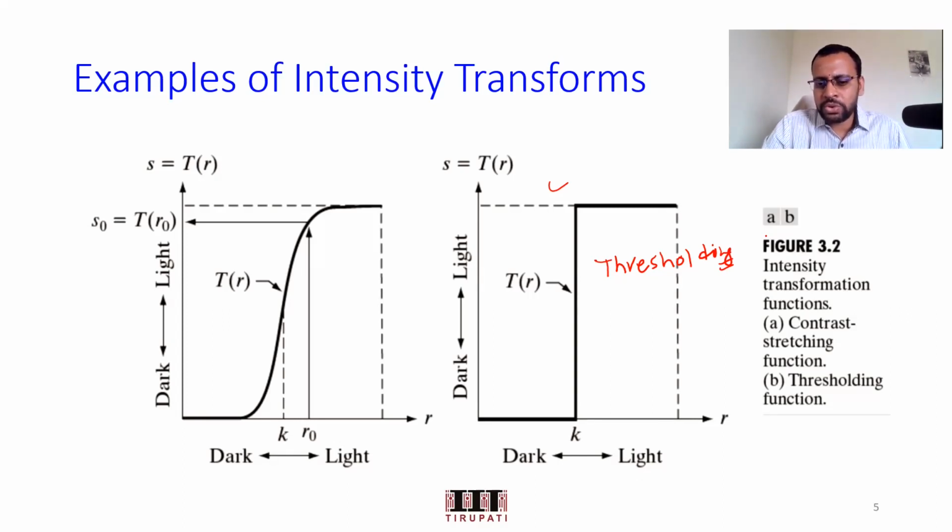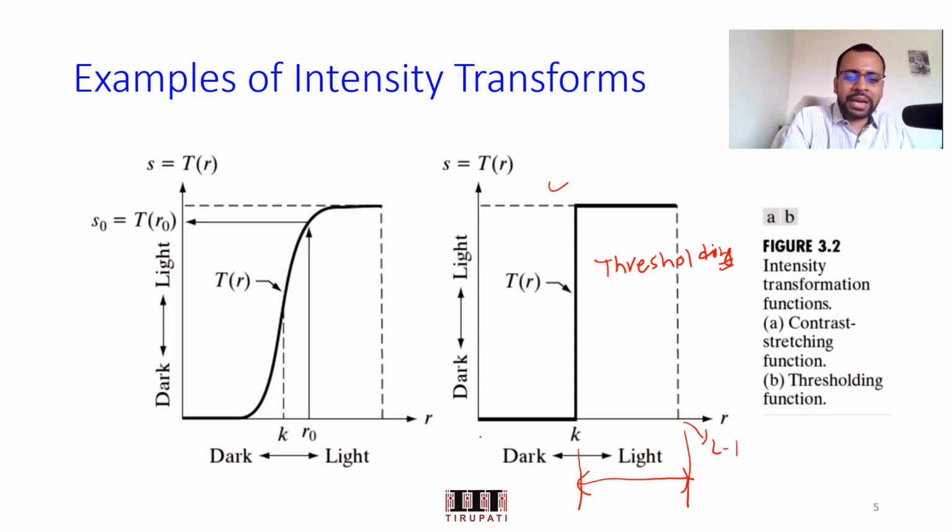where you, for example, know that your object of interest in the image is within the range of k to L minus 1. And let's say your background is from 0 to k. This is your background and this is your object.